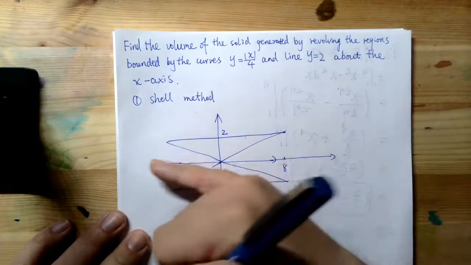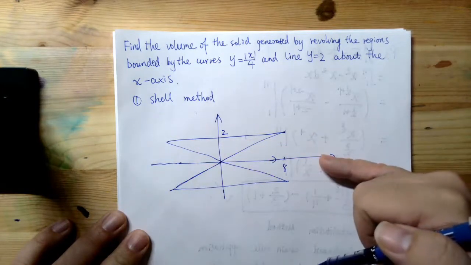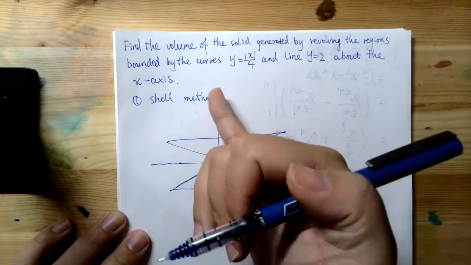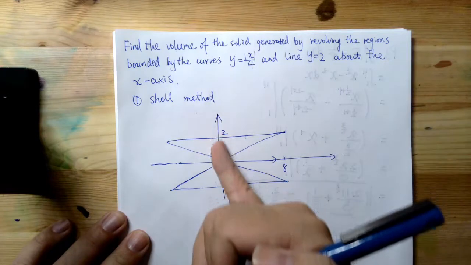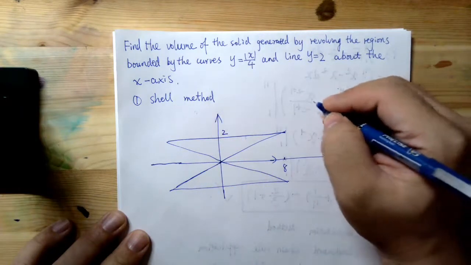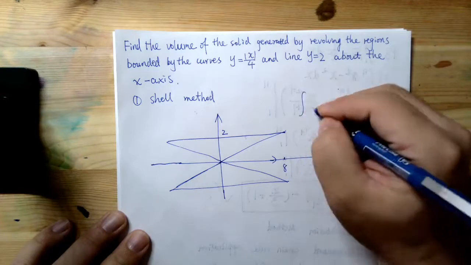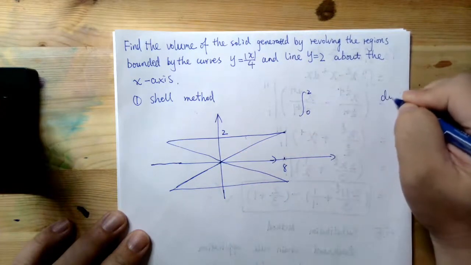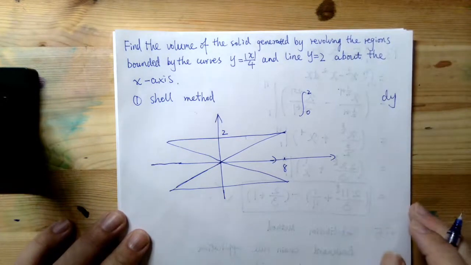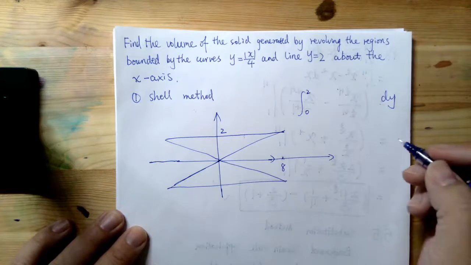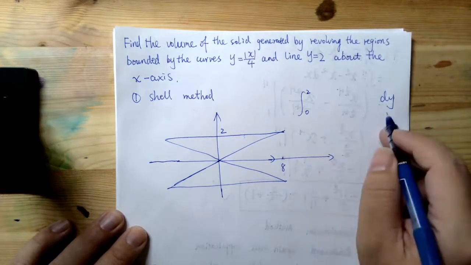In other words, the revolving axis is the x-axis, and then our integral will be with respect to y. In other words, we're going to have something from 0 to 2, something dy. So that's the first thing, okay? It's very important to know this first.